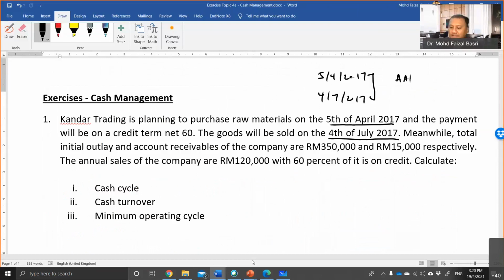For financial calculators, we have a days function in the calculator. So what I need to do is just put in two dates. The first date here is April the 5th, 2017, and we also have July the 4th, 2017.